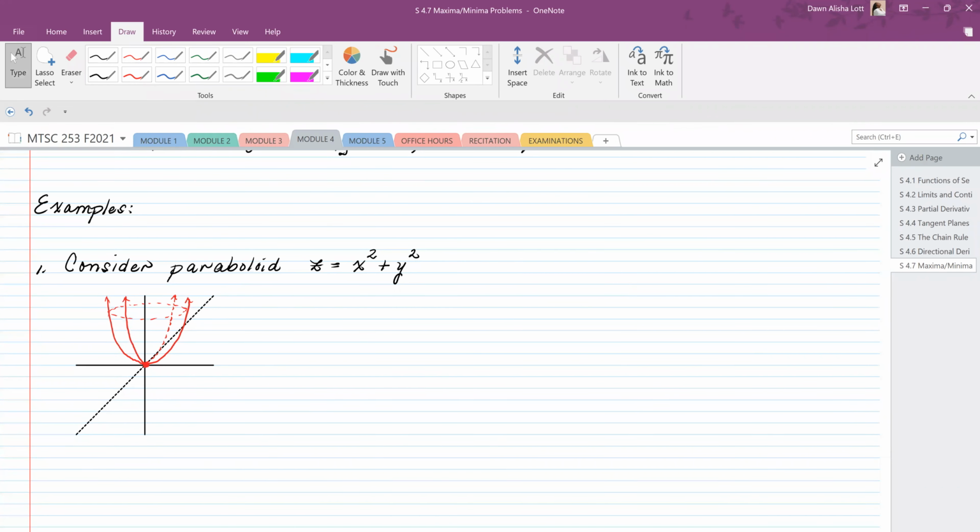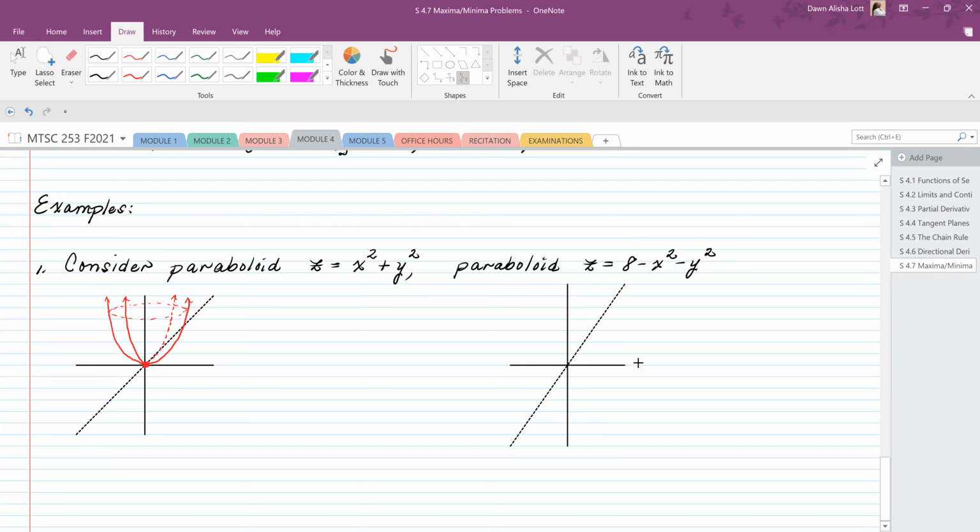Then we want to also consider the paraboloid z equal to 8 minus x squared minus y squared. And this was a paraboloid that started up here and came down like that.